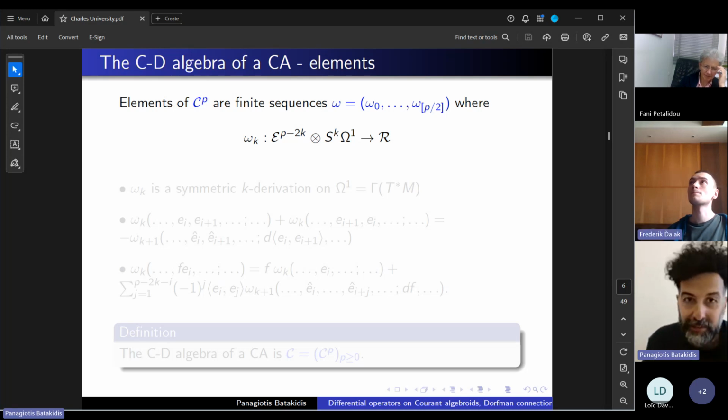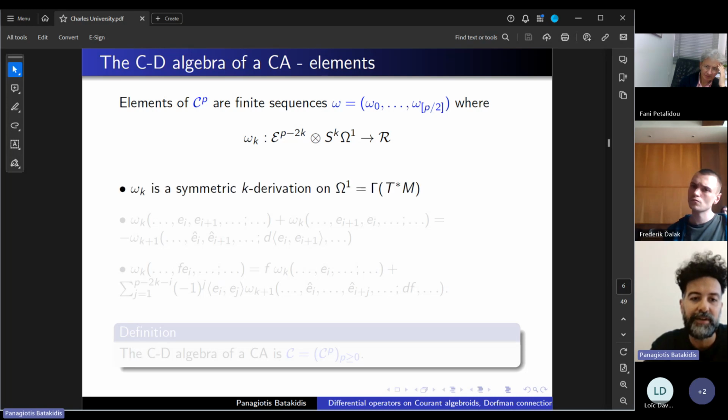Now, if you want such an omega to be in C^p, these omega_k's cannot just be anything. There are three conditions they need to satisfy. The first one is that each omega_k in this finite sequence has to be a symmetric k-derivation of these forms, on the second kind of variables. And then there are two identities that we have to read in a certain way, and I'll tell you how.